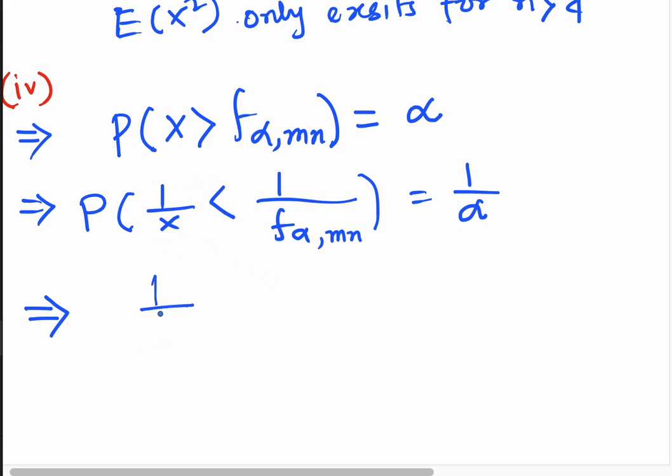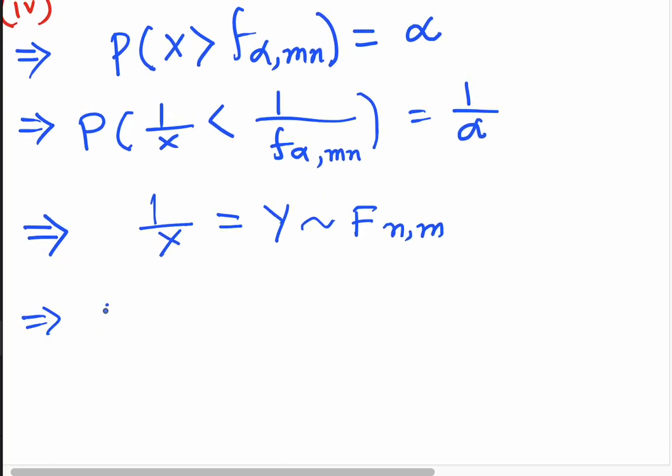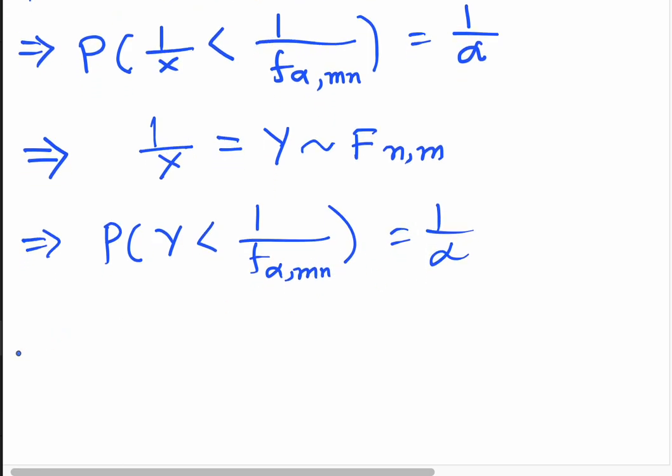Suppose that 1 by x is equal to y, and this y follows an F distribution with degrees of freedom n comma m. So we can write the probability of y less than 1 over F alpha m n is equal to 1 by alpha.